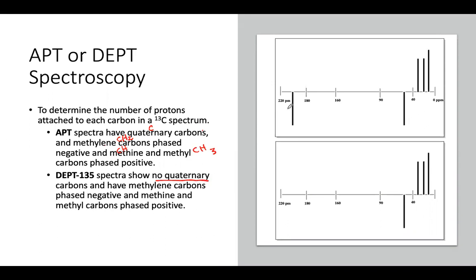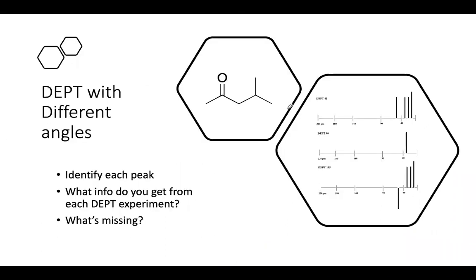Okay. So we'll look at a couple of examples. Sometimes DEPT can be presented to you as each individual angle. So on DEPT 45, we're seeing all of the peaks with hydrogens, but they're not phased up or down.